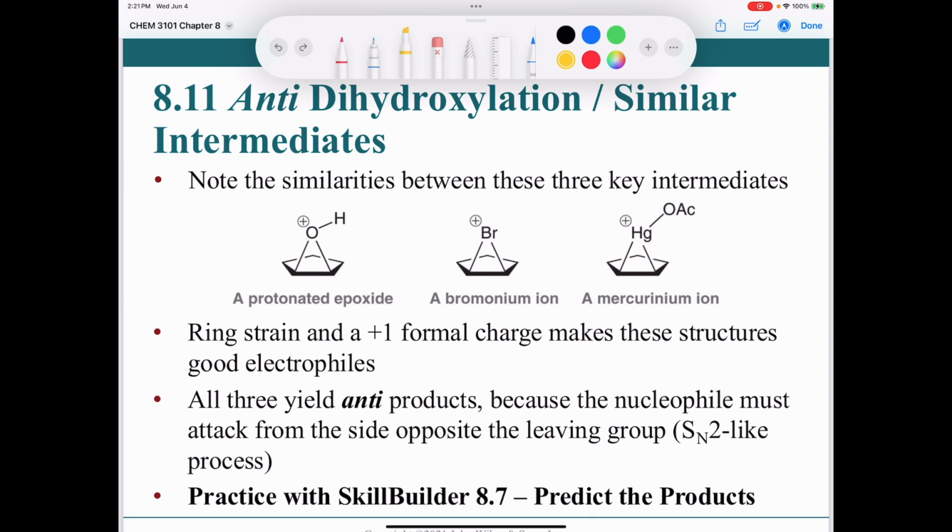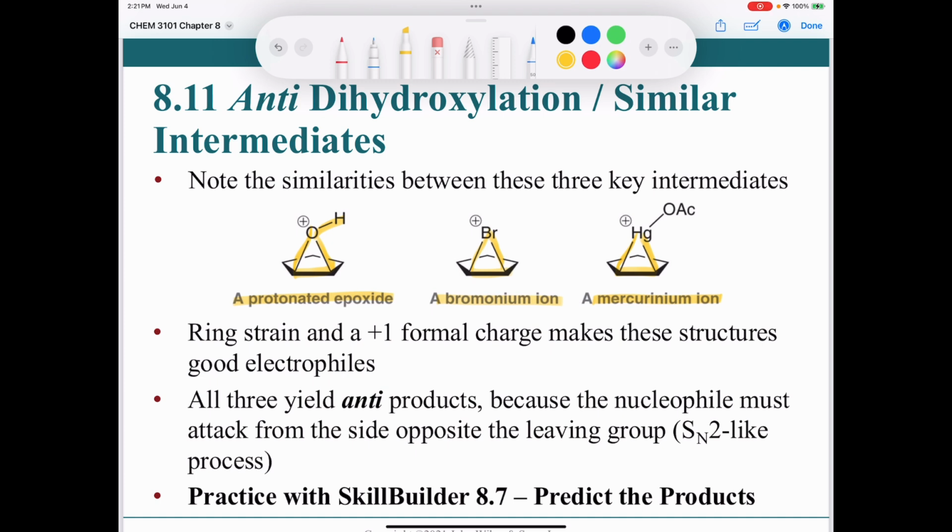And if you're astute, which I know you all are, you probably noticed some similarities between that protonated epoxide that you saw on the previous slide, which I called an oxonium ion. You could call it a protonated epoxide as well. You notice it's kind of like the bromonium ion, right, which is a 3-membered ring with a positive charge? And then you have the mercurinium ion, which we saw in the oxymercuration-demercuration, which is a 3-membered ring with a positive charge as well.